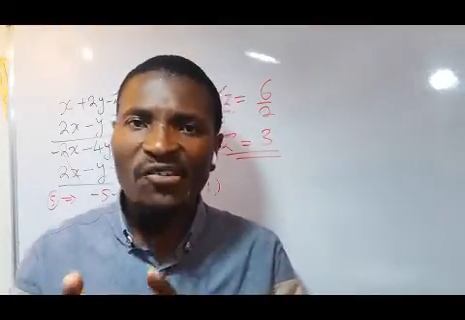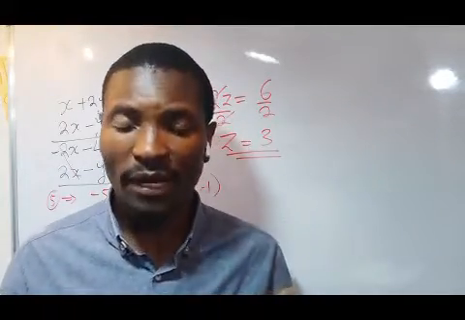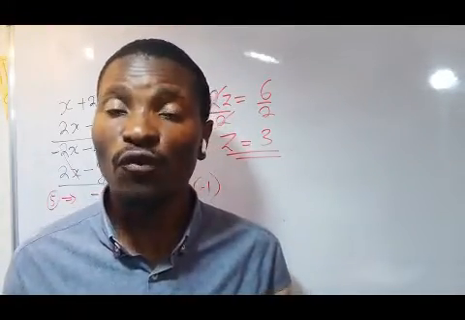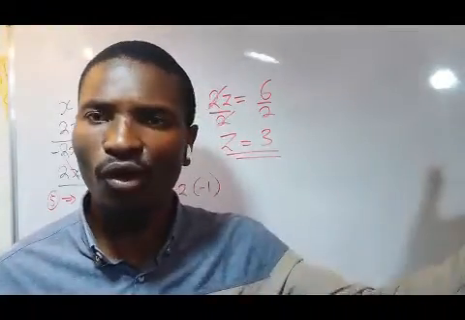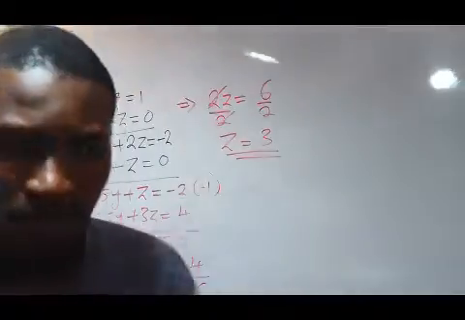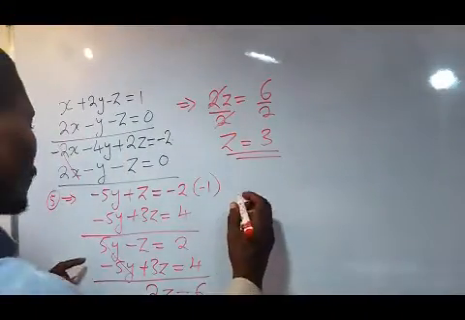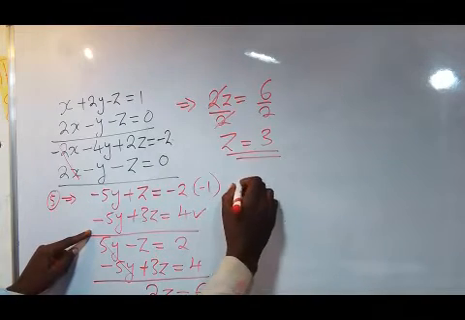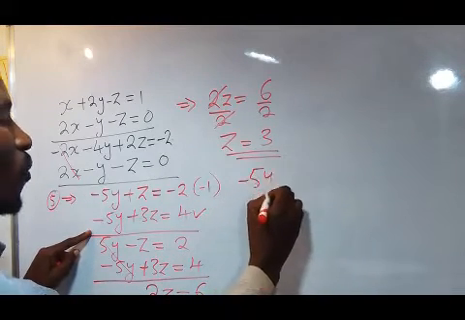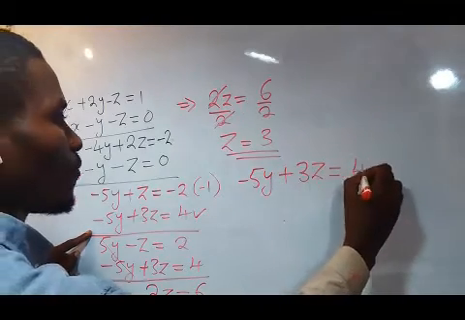So the remaining variables to solve are just y and x. How am I going to solve x and y? I'm going to pick one of equation 4 or equation 5. I can pick this one: negative 5y plus 3z equals 4.